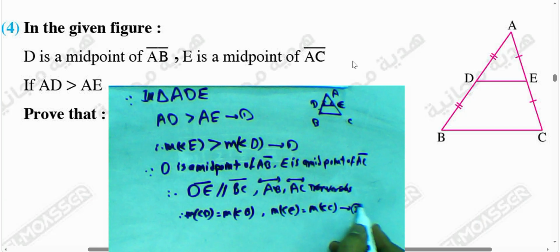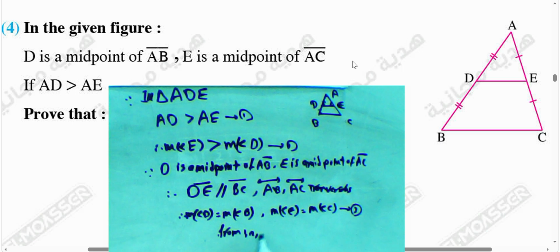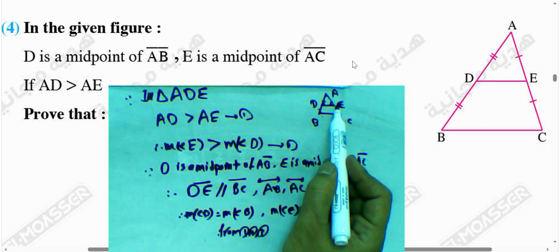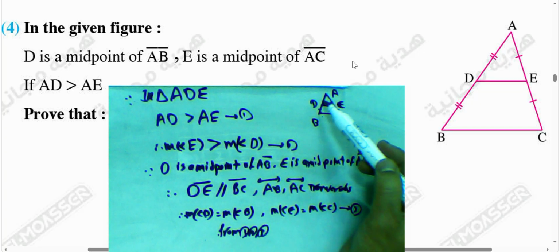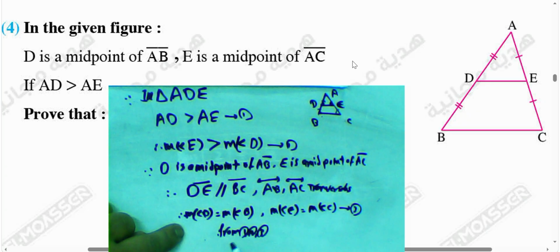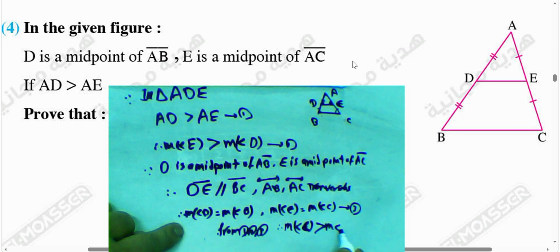This is relation number 3. From relations 1, 2 and 3, we can find that angle E is greater than D. Then the measure of angle C is greater than the measure of angle B.